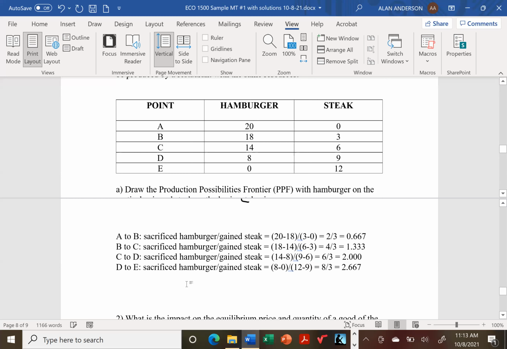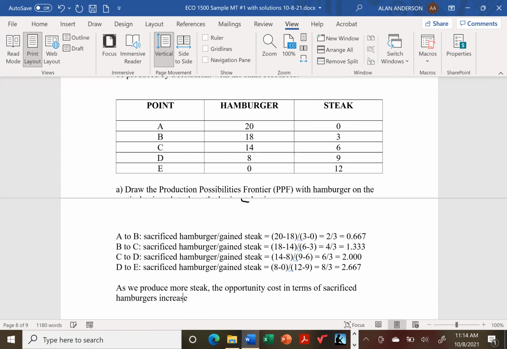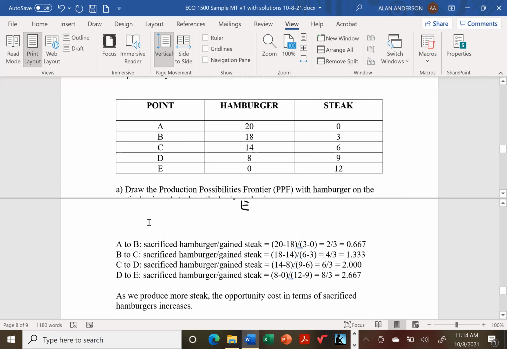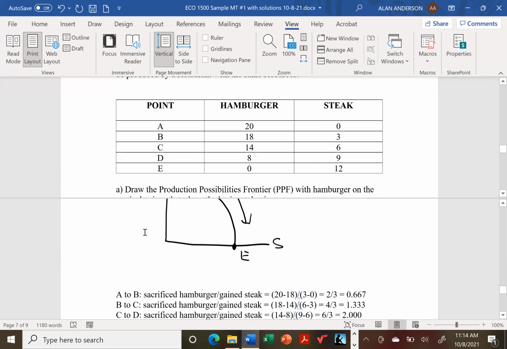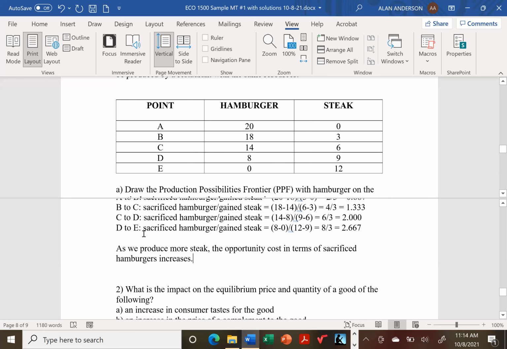All right, so if you notice, as we produce more steak, the opportunity cost in terms of sacrificed hamburgers will increase. And again, that's what we'd expect when we have a curved production possibilities frontier. You're not going to get constant opportunity costs unless the curve is a straight line.